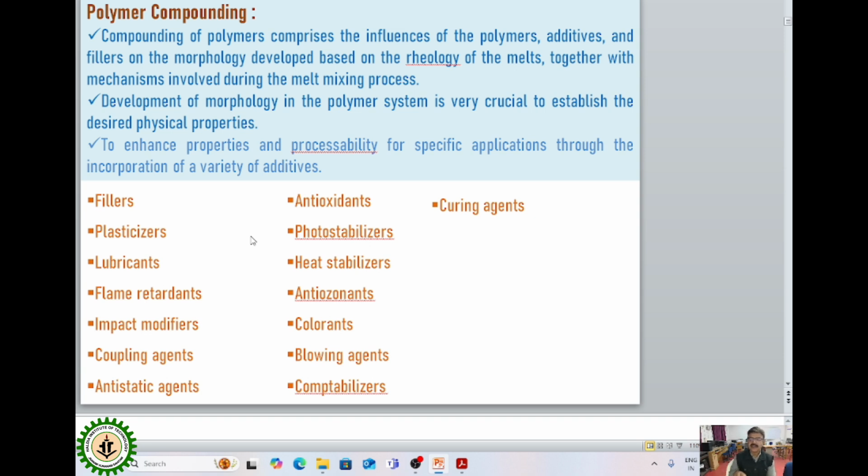These are the broad categories where we have to select our desired compounding ingredients based on the final use of the polymeric product.